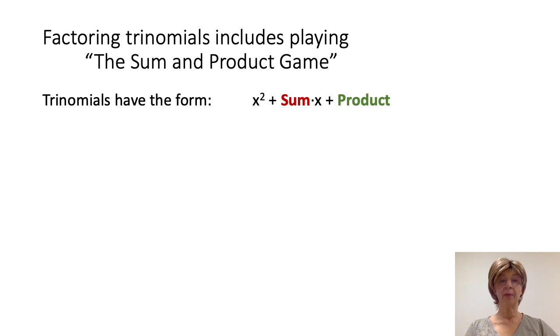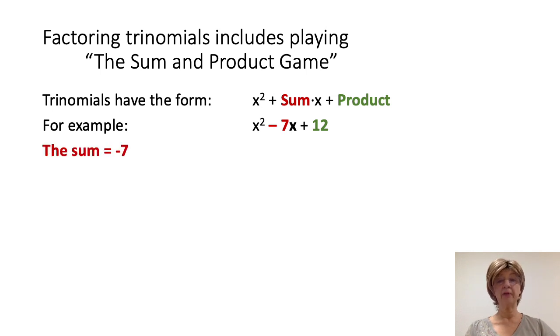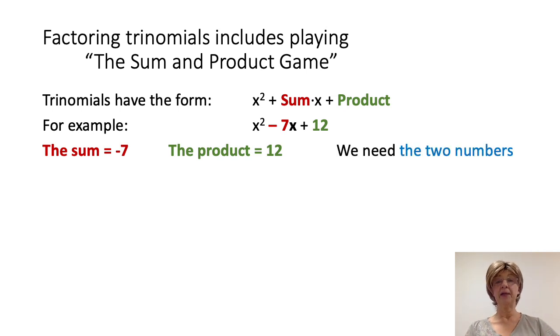Trinomials have the form x squared plus the sum times x plus the product. For example, x squared minus 7x plus 12. The sum equals -7. The product equals 12. We need the two numbers.